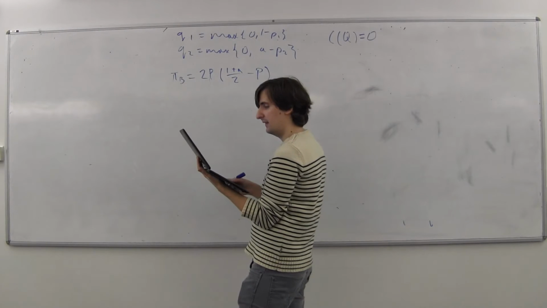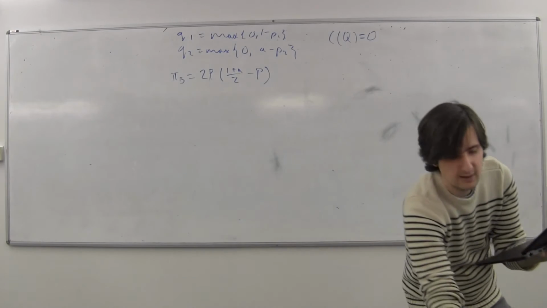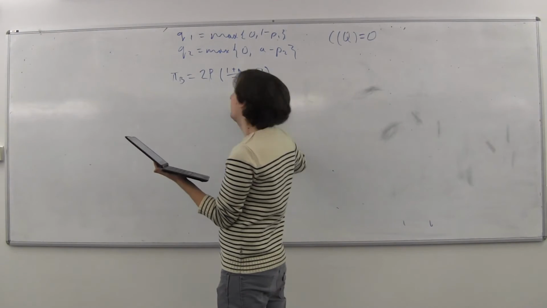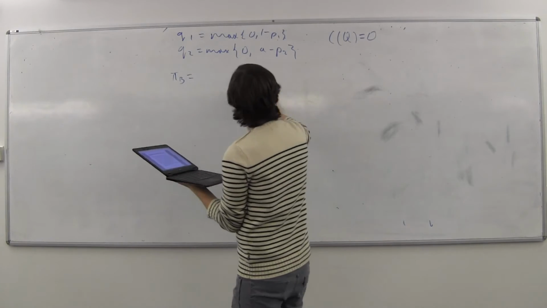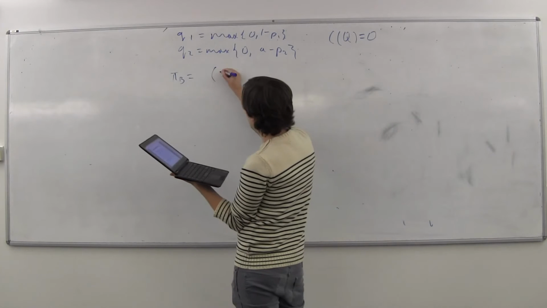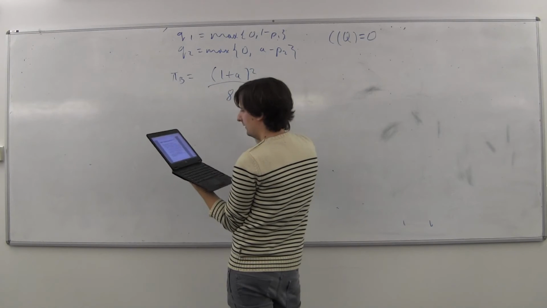So that was profits from selling in both. Oh, actually no, we worked it out on the slide. Sorry, on the slide we substituted in the optimal value for p and we maximised and we worked out that it was equal to 1 plus a squared over 8.